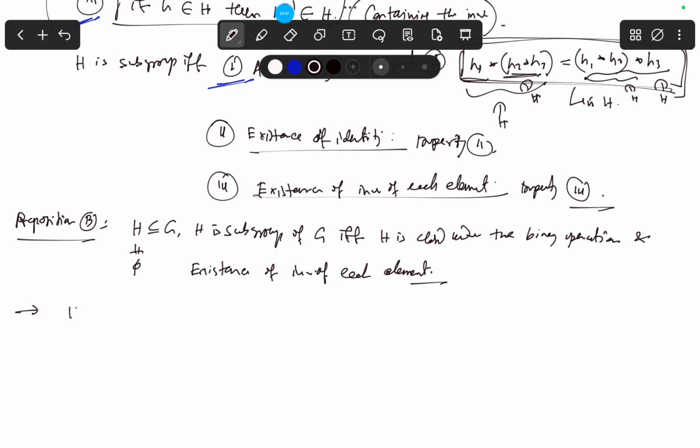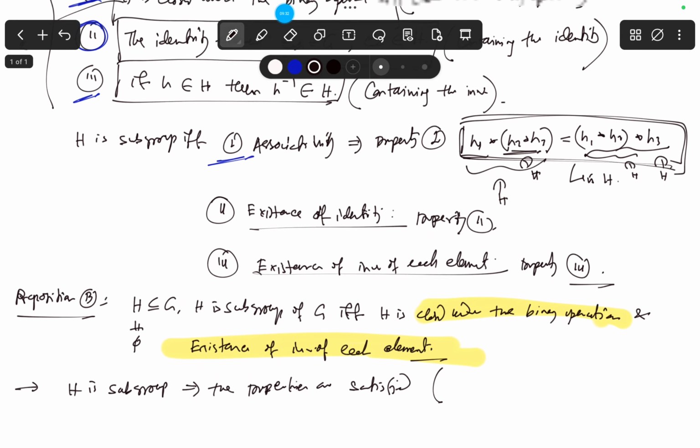So let us consider that H is a subgroup, so this will imply the properties, that is this one and this one, the properties are satisfied.